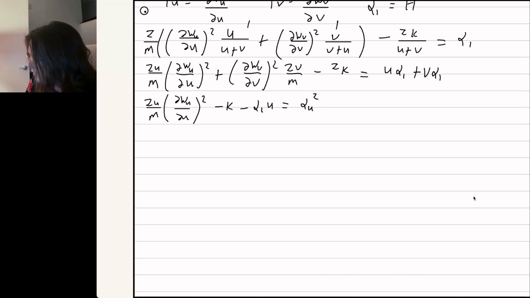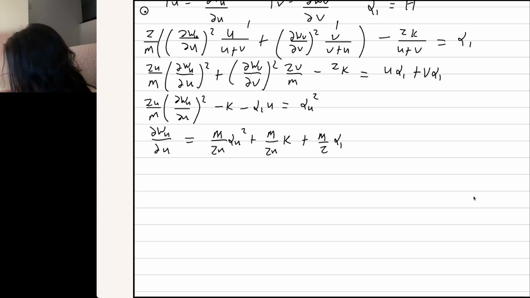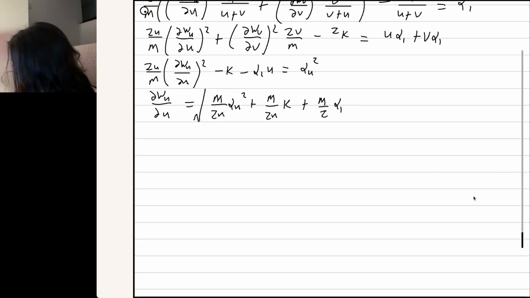We'll have del W_u over del u is equal to the square root of alpha u squared plus, go ahead and multiply that stuff, m over 2u times alpha u squared, plus m over 2u k plus m over 2 alpha 1, all under a square root.